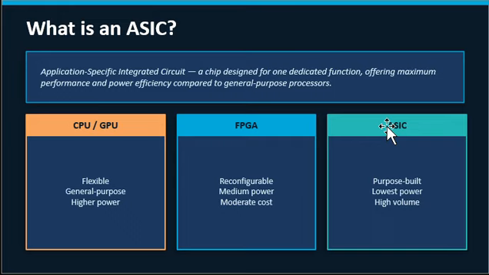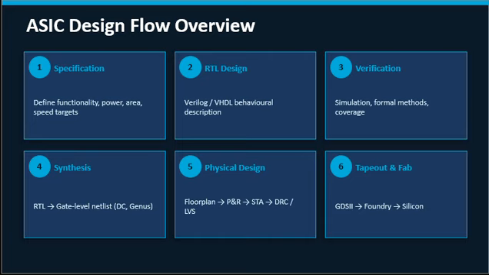An ASIC gives you the best power, performance and area. But once you tape it out, the logic is frozen, so you had better get it right. It is difficult to implement, and there are a lot of steps in the ASIC design flow. We'll go ahead with that now.